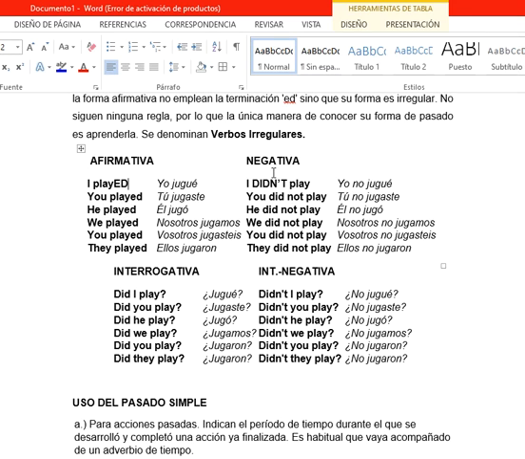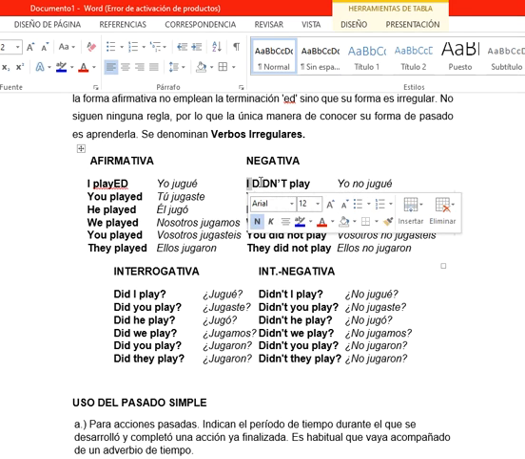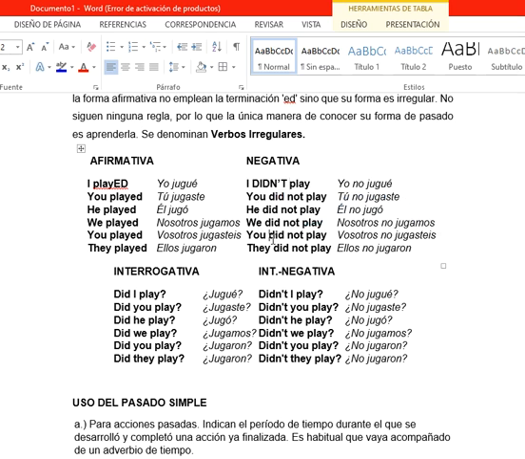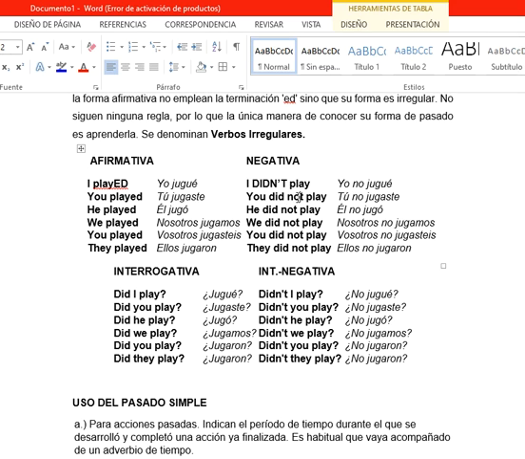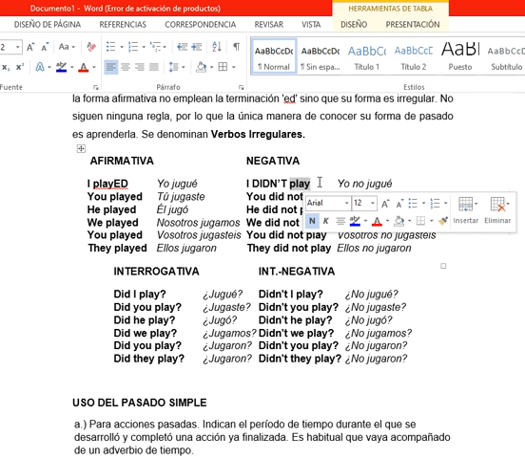In the negative form, first of all we put the subject, then the negative form, which in this case is contracted, but we can put it separately. First the did and then the word not, and after this we have play, that is our verb.